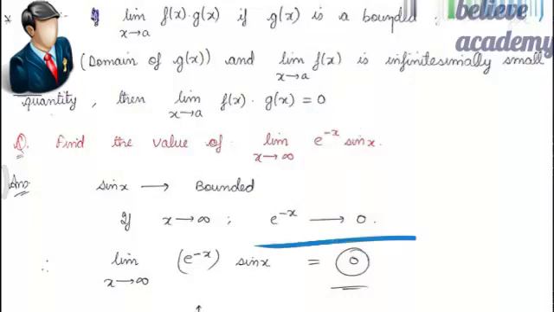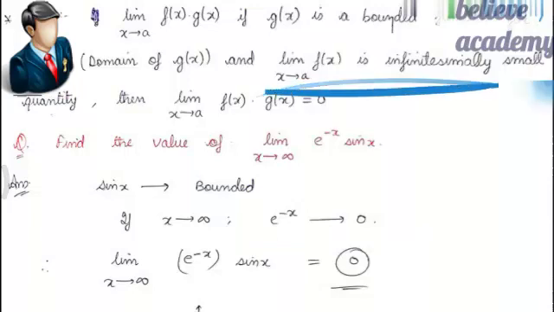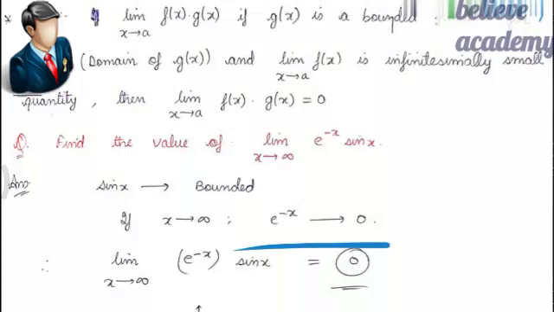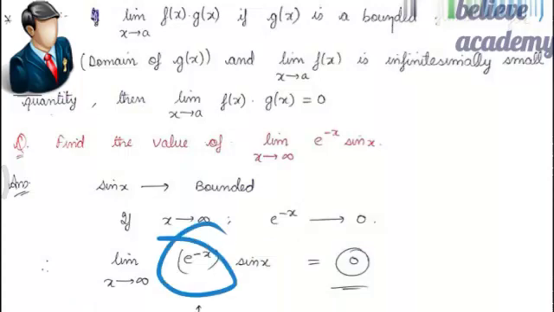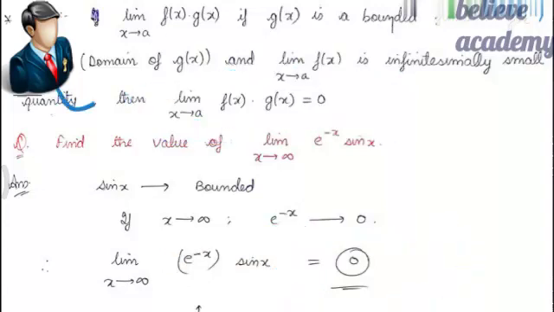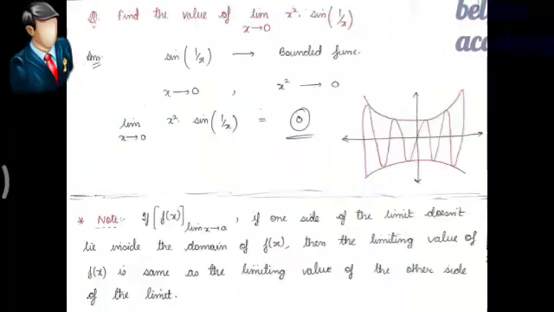So that condition is also satisfied that limit x tends to a, that is x tends to infinity, f of x which is basically e raised to power minus x is a very small number, because it tends to 0. So that is why we get that limit x tends to infinity, e raised to power minus x into sin x would basically be equal to 0 using this very important note. Okay, very important question this is. I hope this is clear.